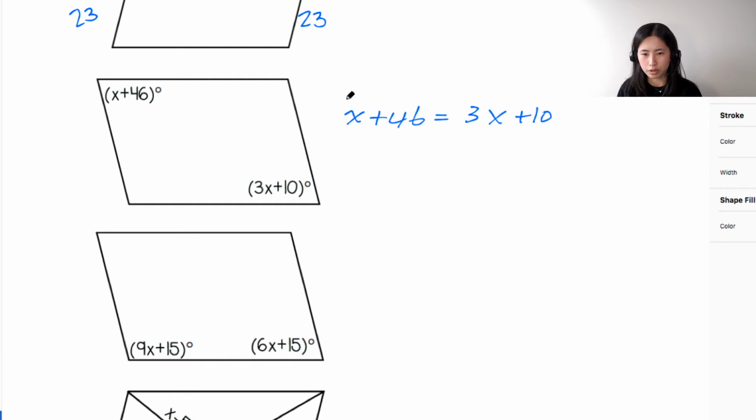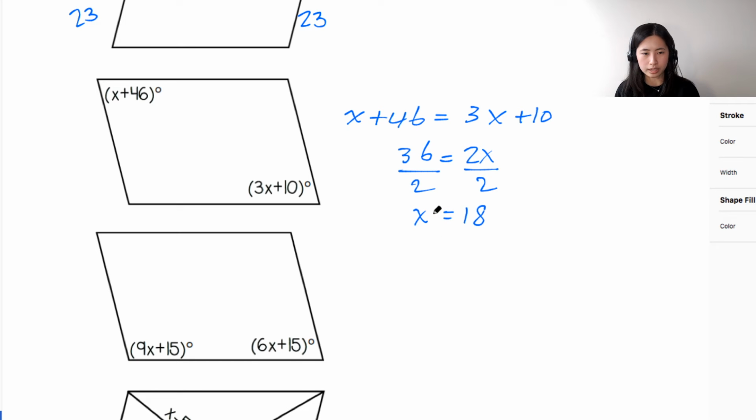In order to solve for x, you would have this minus this, which gives you 2x, equal to 46 minus 10. That would be 36, divided by 2, that would be 18. So x is equal to 18.